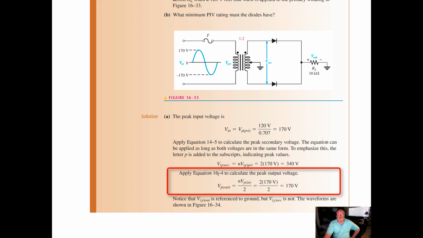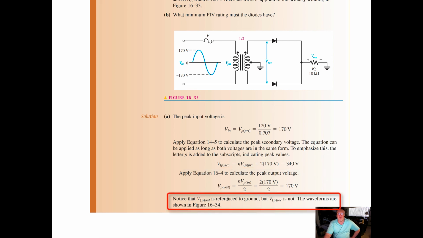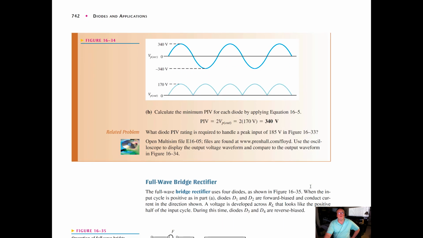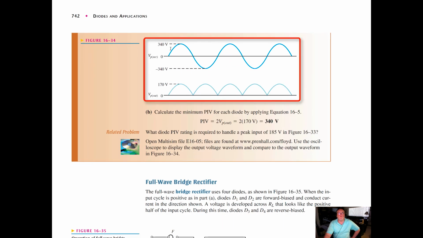If we apply equation 16.4 to calculate the peak output voltage, V peak output is equal to the number of turns times VPN divided by 2, and we're back to 170 volts. Notice that VP out is referenced to ground, but VP secondary is not. The waveforms are shown in the next diagram. There's our diagram, with our peak values of 340 volts and 170 volts.